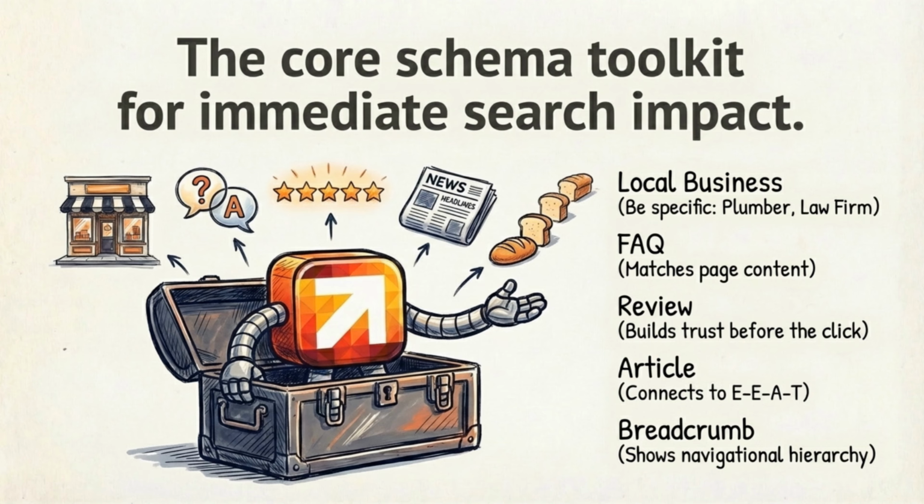Breadcrumb lists. Simple but underutilized. Breadcrumb schema tells Google your site's navigational hierarchy and displays it in the search result URL, making it easier for users to understand where a page sits within your site before clicking. Small detail, but it improves perceived professionalism in the search.